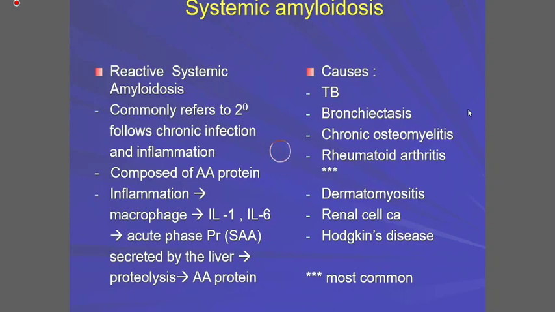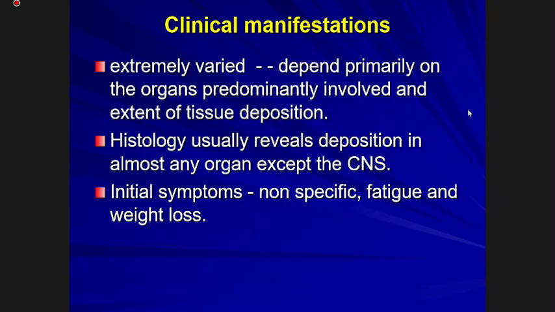Okay, so initial symptoms can be non-specific, because most of the time it's asymptomatic, but patients can come with non-specific symptoms such as fatigue and weight loss, because you can imagine the signs and symptoms are more of a mechanical effect of the protein, the pressure, how it compresses on the cells. Of course there's also direct toxicity, but initially the patient can be asymptomatic.